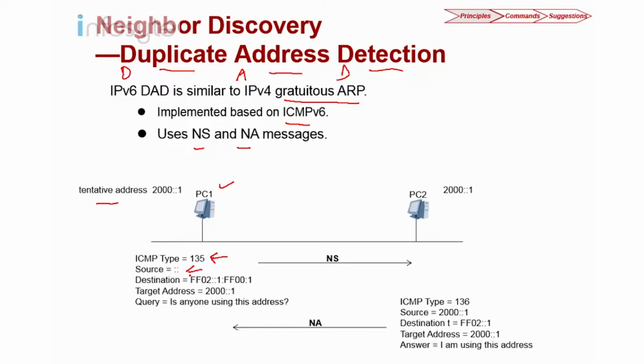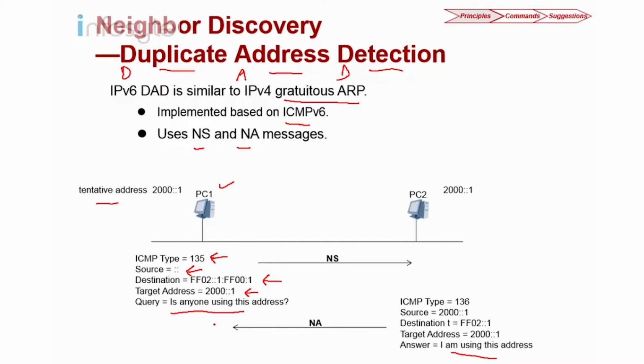As you can see, the source is the unspecified address ::, and it is sent through the multicast. The target address is 2001::1, so it sends a query: is anyone on the network using this address? If one of the hosts in the network does use the same address, it will send a neighbor advertisement saying that it is using this address, and PC1 will be able to detect that there is a duplicate address.